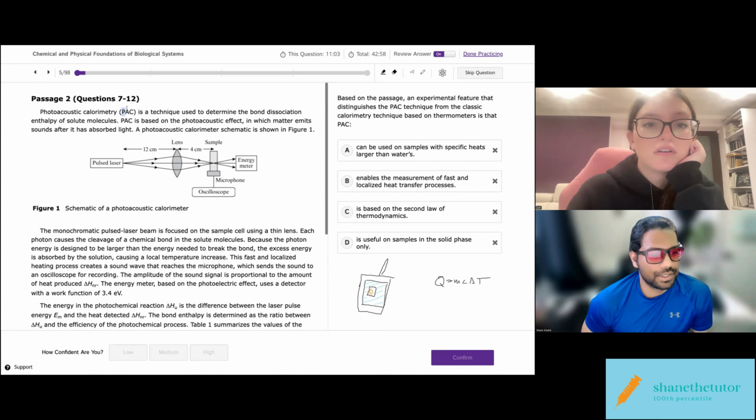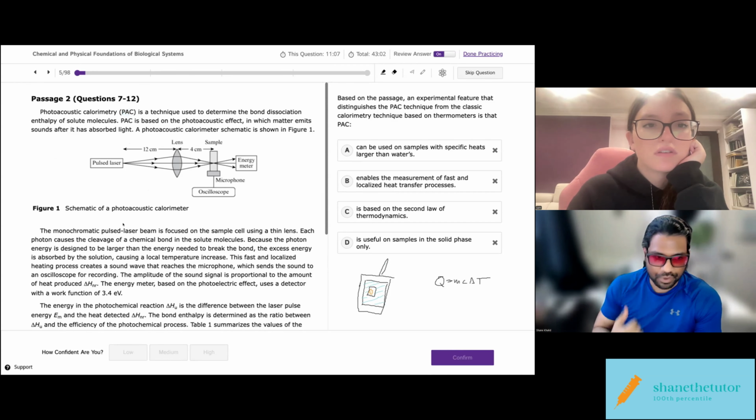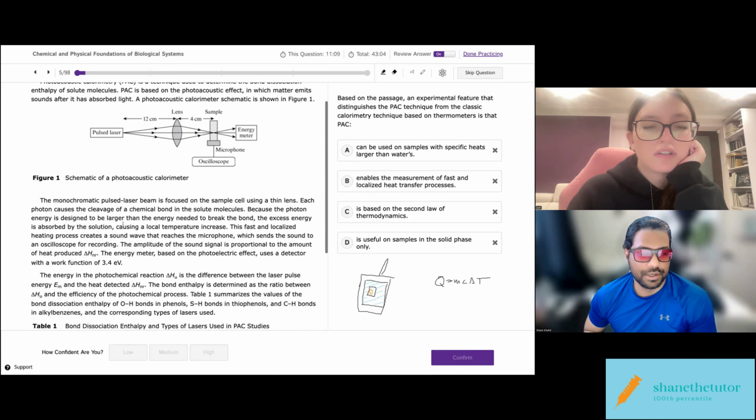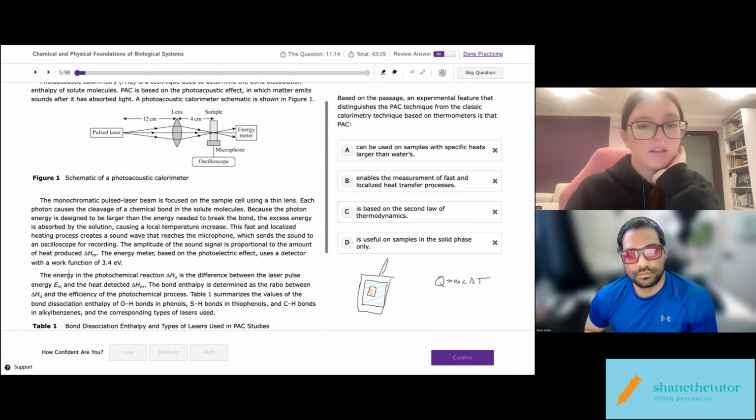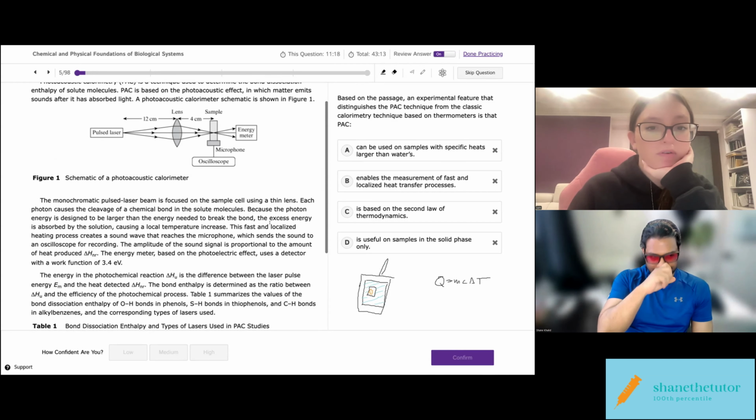Yeah, there's going to be a local temperature increase. Continue. This fast and localized heating process creates a sound wave that reaches the microphone, which sends the sound to an oscilloscope for recording. What are they telling us here?